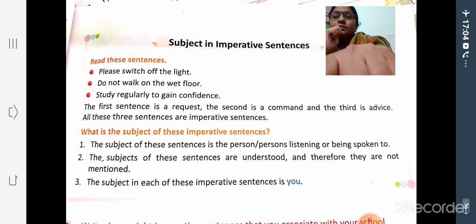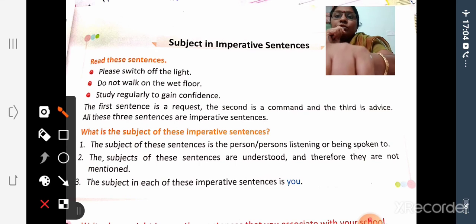Here it is given: the subject of these sentences is the person or persons listening or spoken to. The subject of these sentences is understood, therefore it is not mentioned. It is already understood, that is why it is not mentioned. The subject in each of these imperative sentences is you.